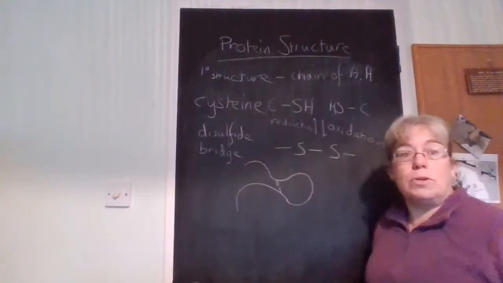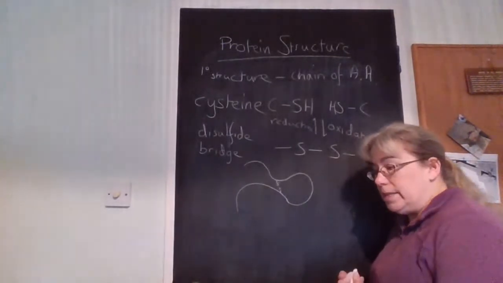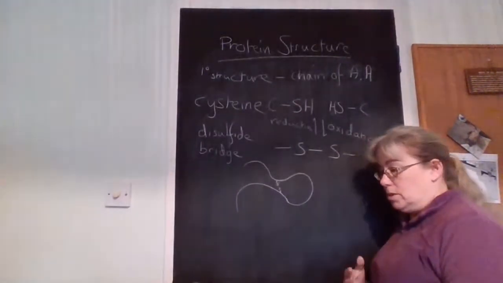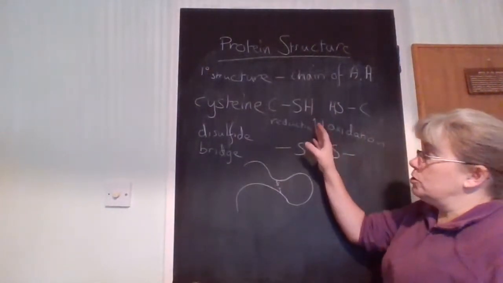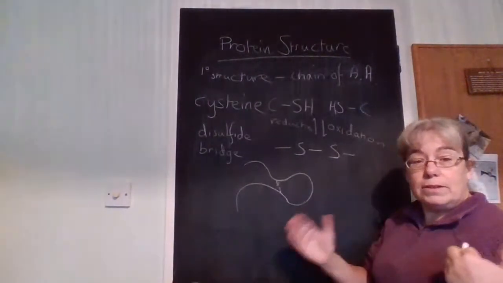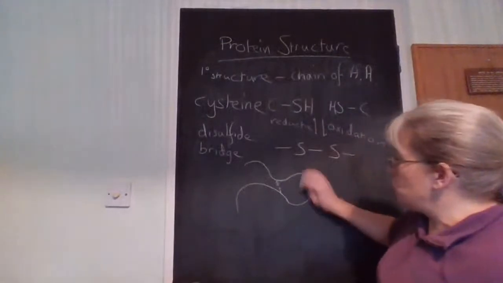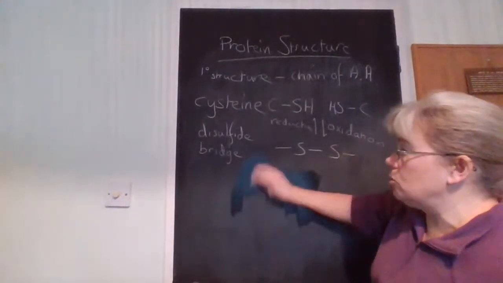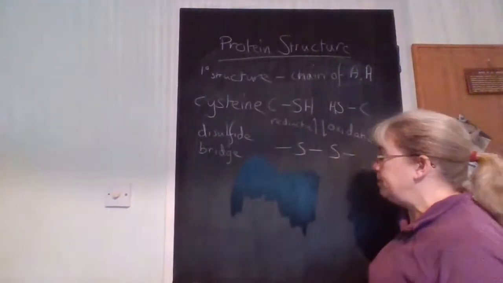And now you can see why the acid base content is actually quite important, because if you didn't have the hydrogens around, it wouldn't be reduced. So that tells you why acids can break down the structure of your amino acids. There are lots of other reasons, and we will be looking at more of those tomorrow.